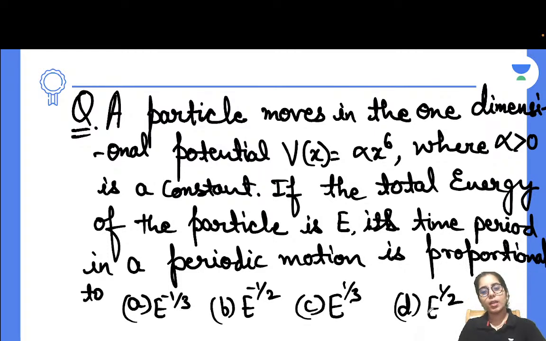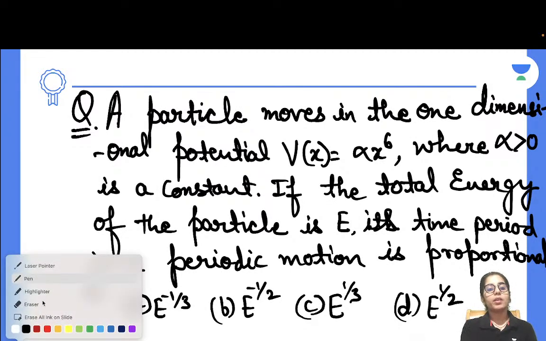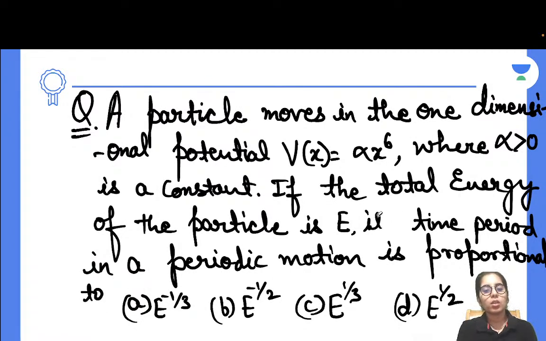So in this case, what have they given you? The potential dependency on x. Now you have to find the time period dependency on E. See, the action angle variable will be proportional to E to the power half because of root 2mE, as we talked about.